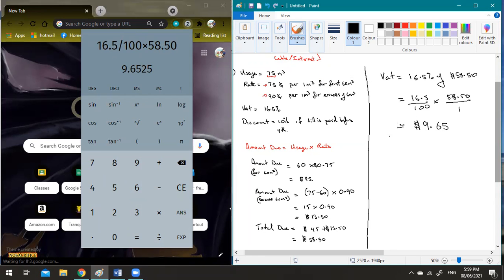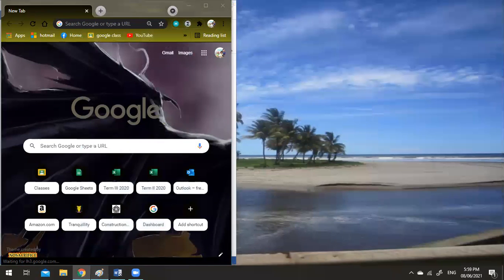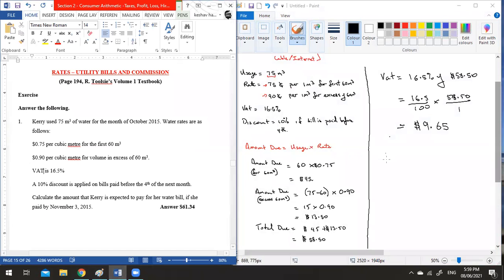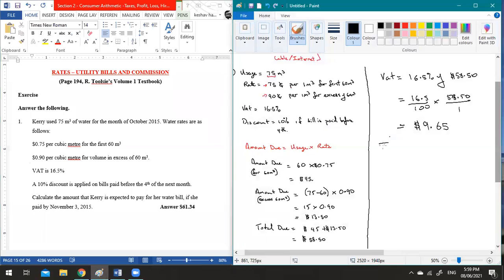Now, the total would be the amount due plus the VAT amount. So $58.50 plus $9.65.